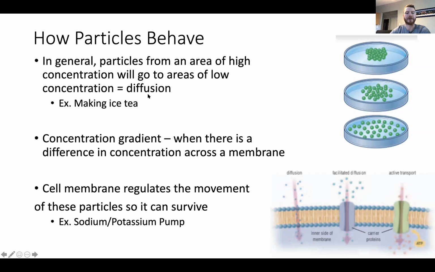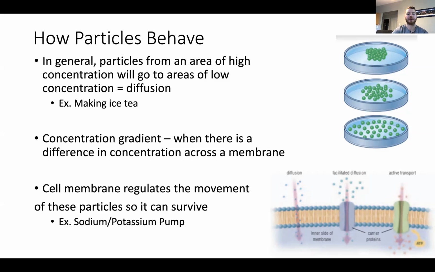In cells, however, they kind of thrive off of concentration gradients. This is why the plasma membrane is important to us, because it regulates the concentration gradients of elements and chemicals and ions. We have sodium potassium pumps throughout our body, and what they do is make sure that we do not have too much sodium inside of our cells.